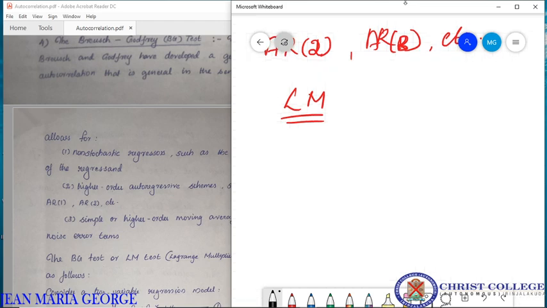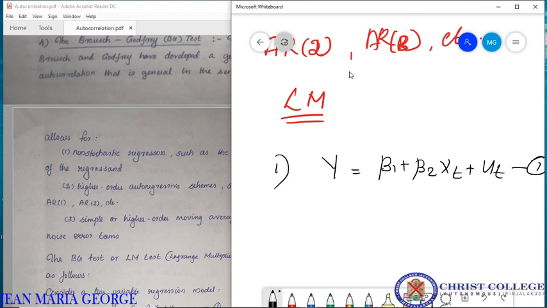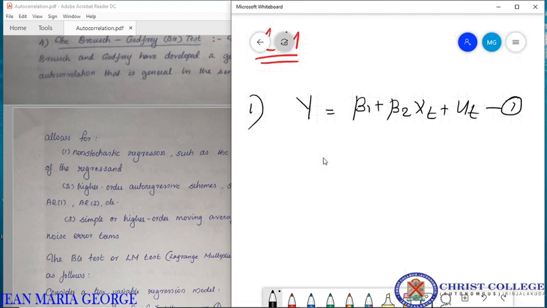So this test proceeds with a few steps. Let us look. Consider a two variable regression model: y is equal to beta 1 plus beta 2 xt plus ut. Let this be equation 1, a two variable simple linear regression.